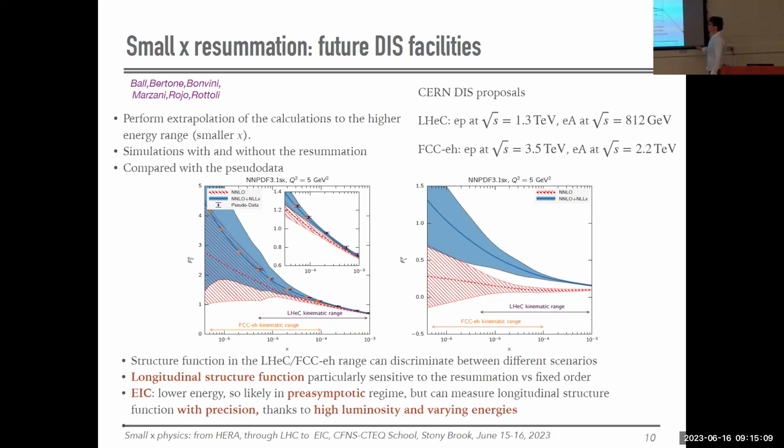And this is important because this is essentially the region, like I showed you in the kinematic plot, that can be accessed by EIC. So if EIC has a very, very precise measurement of FL, this is really going to be sensitive to effects like that.